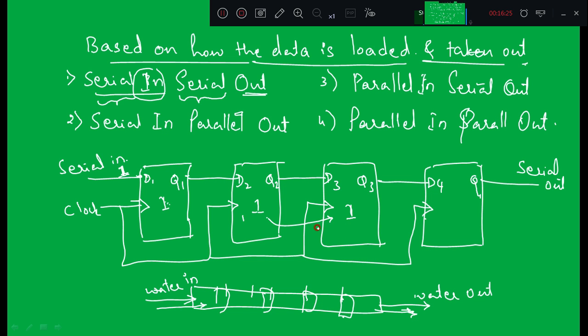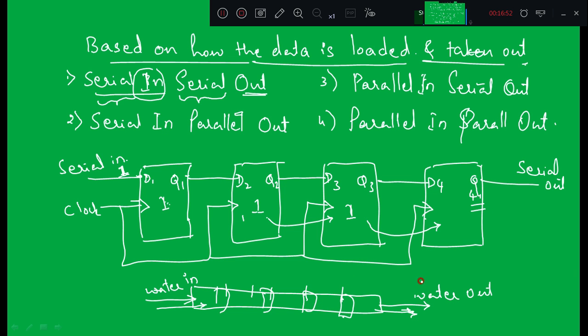And when I apply the fourth clock input, this one will get shifted towards right and it will be available at the output of the fourth flip-flop. That means if you load only one bit in one of the flip-flops, you have to apply 4 control inputs to take out that particular data from the fourth flip-flop, right?